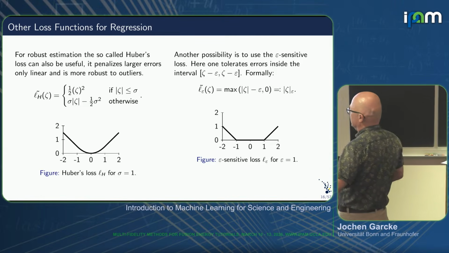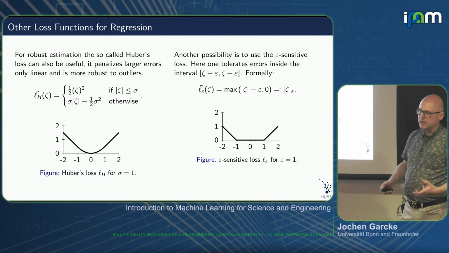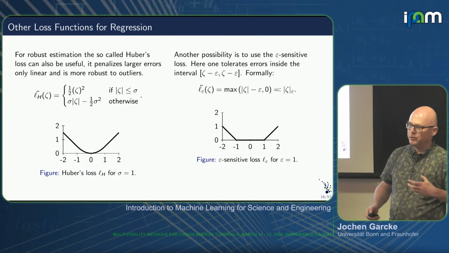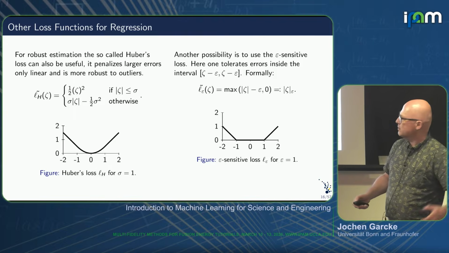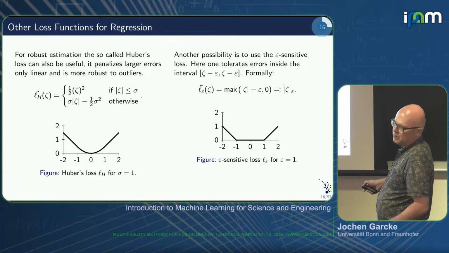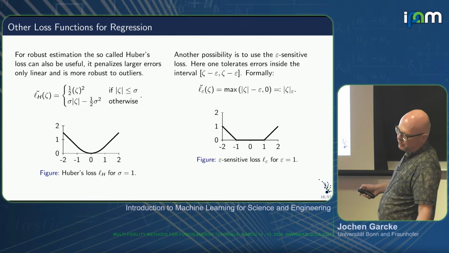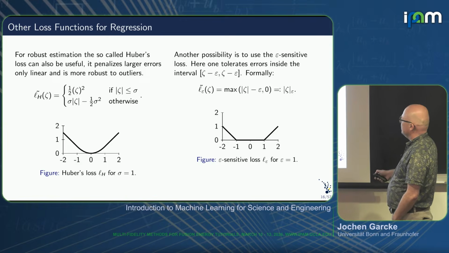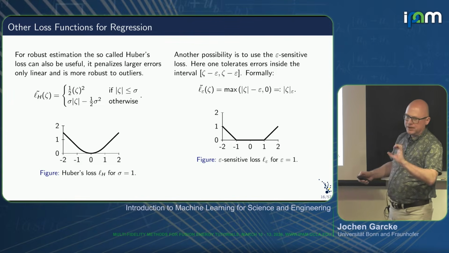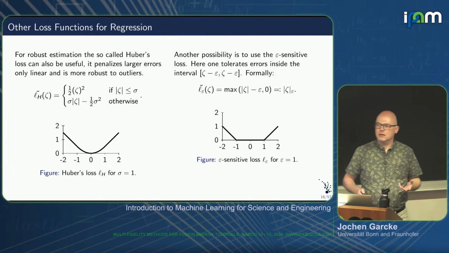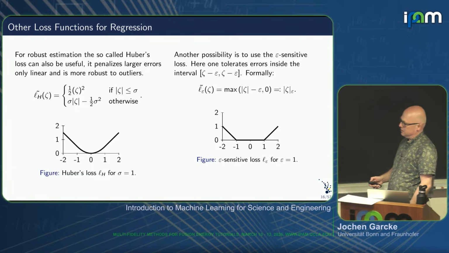So there are ways to do that differently, which partly means how strongly to penalize outliers. The Huber loss is more robust to outliers, but maybe you don't want that. Maybe you also want to be affected by outliers. Or you might say, okay, small deviations are not so important. So there are possibilities to do something different.